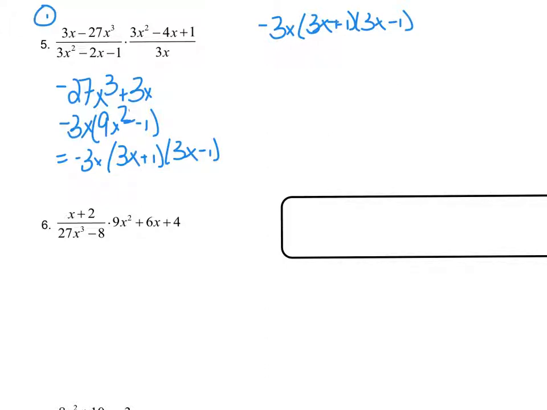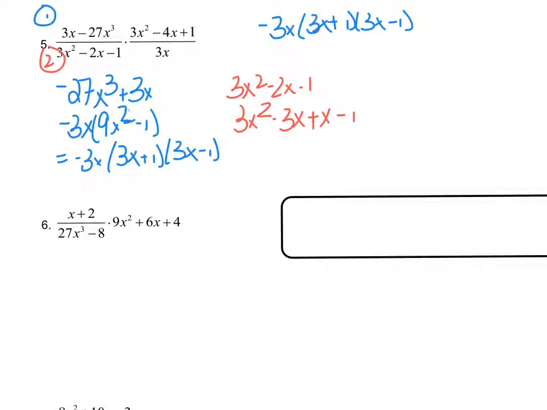Okay. If you forgot how to factor, you might want to touch up on that because you definitely need that over the next couple weeks. All right, then the denominator of this fraction, 3x squared minus 2x minus 1. What two numbers multiply to negative 3 and add to negative 2? That's going to be minus 3x plus x minus 1.